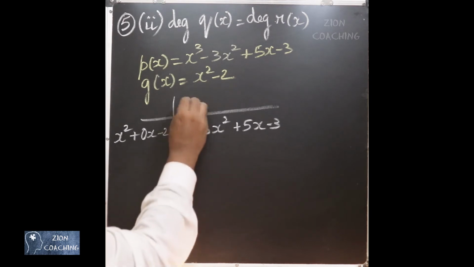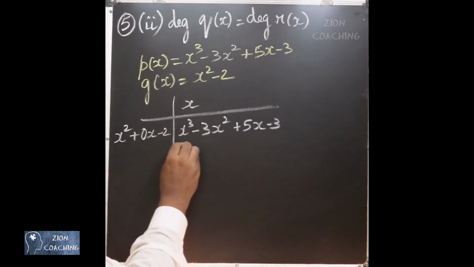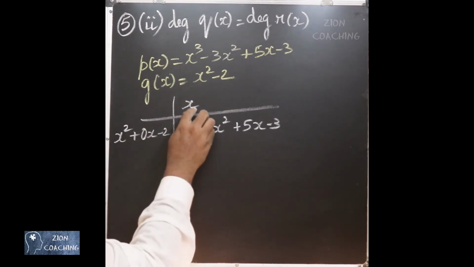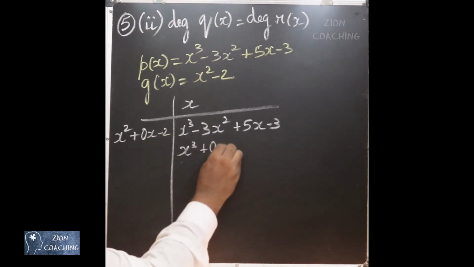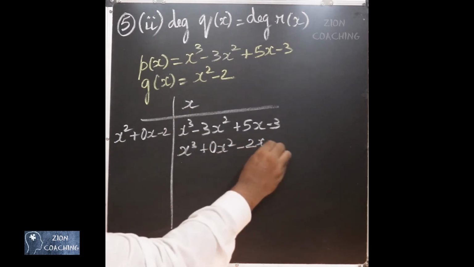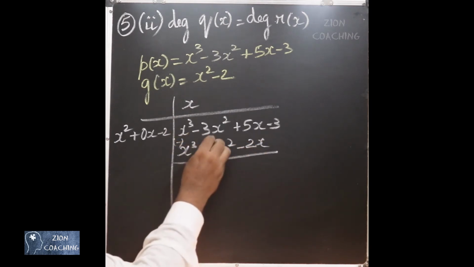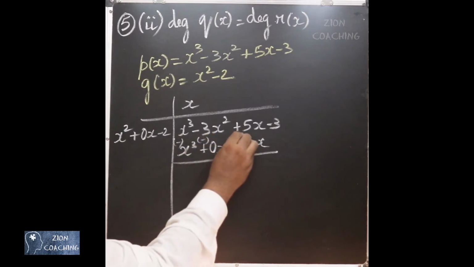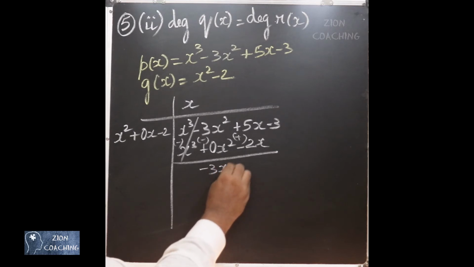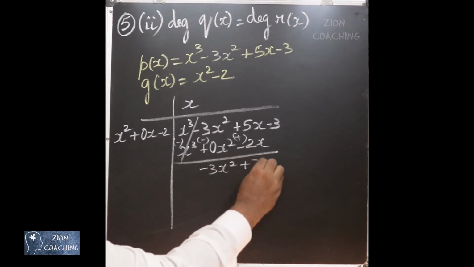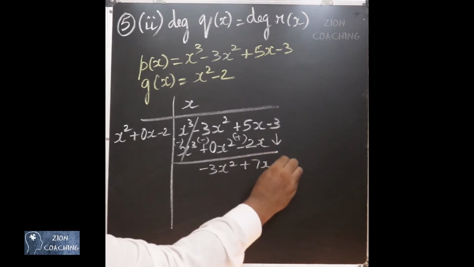Now you can see x into x squared is x cube. So we are going to multiply by x. x into x squared is x cube. x into 0x is 0x squared. x into minus 2 is minus 2x. Then when you are subtracting, change the symbol and add. So this will get cancelled. We will have minus 3x squared plus 7x. Then we can bring down the next term.